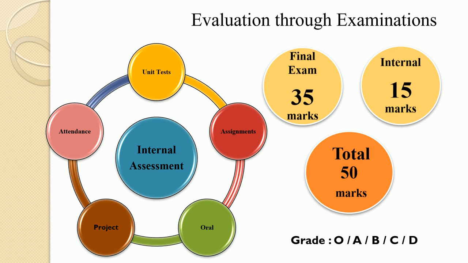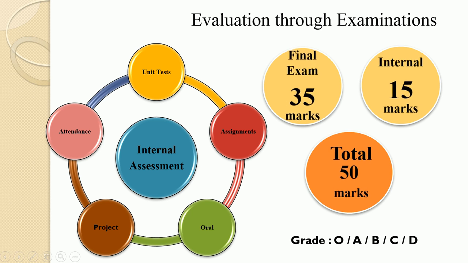As far as the evaluation is concerned, the internal assessment can be done using different kinds of tools. For example, a unit test will be conducted, an assignment will be given on the subject, there is an oral examination, then you have to perform a small project on various burning issues of environment, and most importantly, attendance is also important for all the lectures.